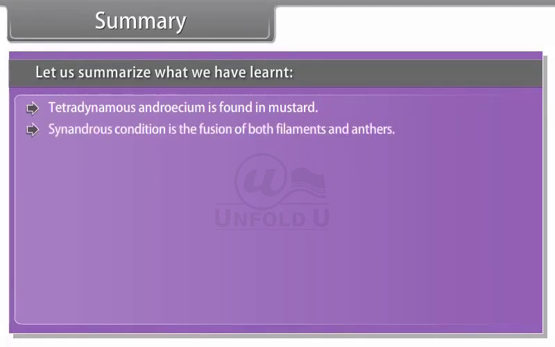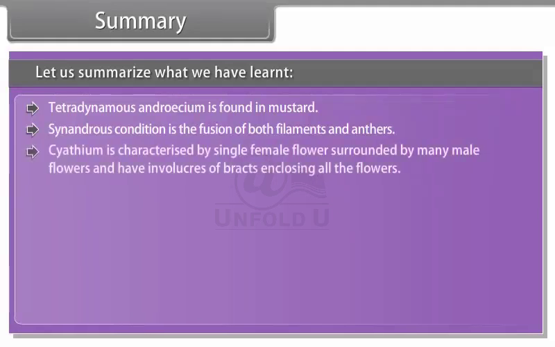Synandrous condition is the fusion of both filaments and anthers. Cyathium is characterized by a single female flower surrounded by many male flowers and has an involucre of bracts enclosing all flowers. Monothecous anther is characteristic of Malvaceae.